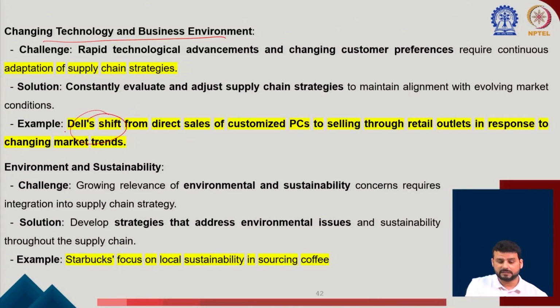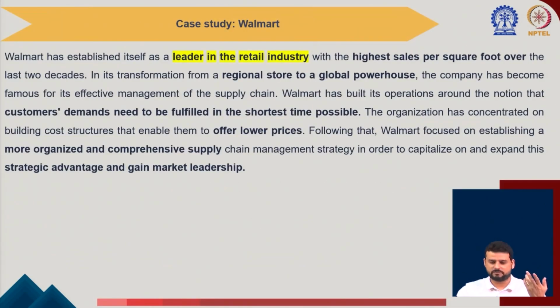Like Dell shifted from direct sales, now they are providing through retail outlets, so that is another example. Environmental sustainability measures are coming, right. So again you need to change, like Myntra did, they changed their packaging. Starbucks is also a very good example. So you need to come up with those policies.